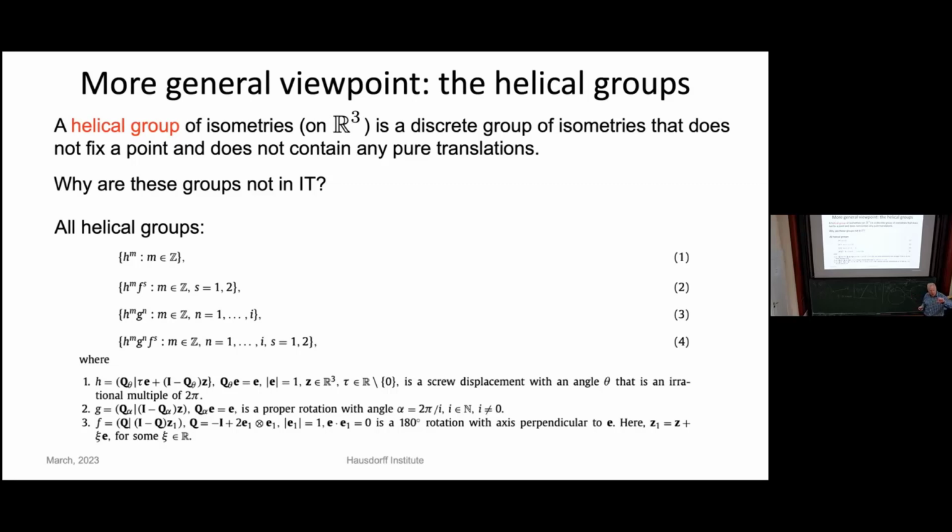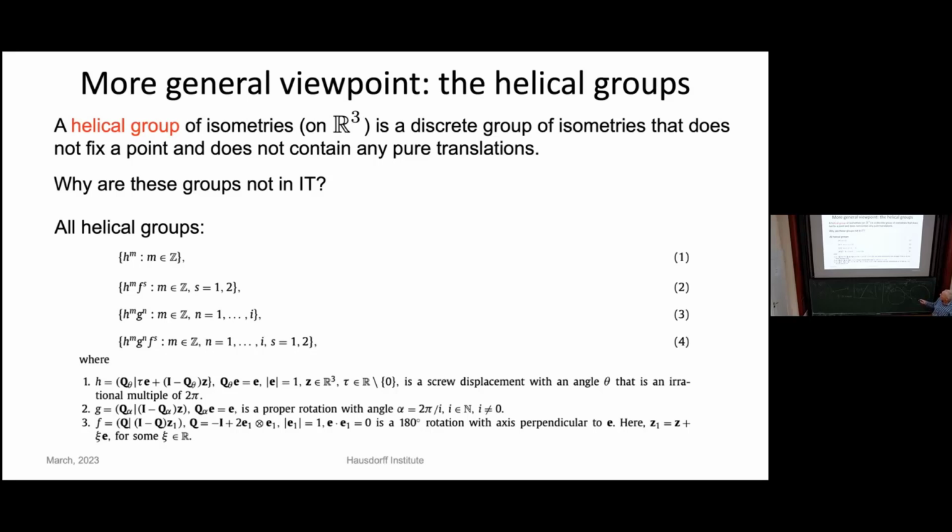If you know carbon nanotubes, there's this pair of carbon atoms that gets mapped around. The F relates one in the pair to the other. So you realize how special carbon nanotubes are when you see that there are only these 4 helical groups. Okay, so that's something we can use.